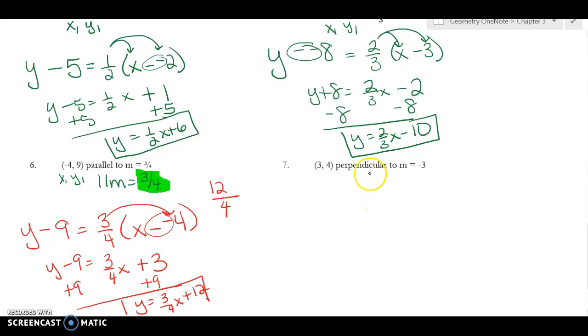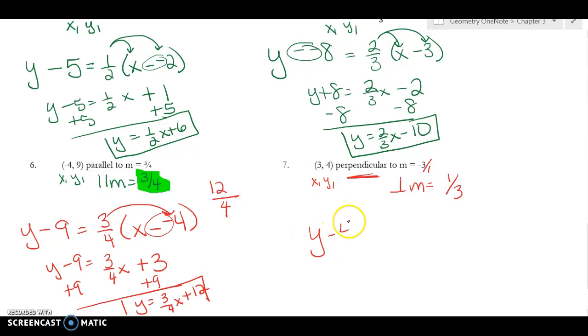For number 7, that keyword is that it's perpendicular. So now I need to write my perpendicular slope. Well, parallel slopes stay the same, perpendicular, I'm going to flip it. Well, 3 is 3 over 1, so now when I flip it, it becomes 1 over 3. And when I change it, it's going to become positive. So now I'm going to list my x1, y1.